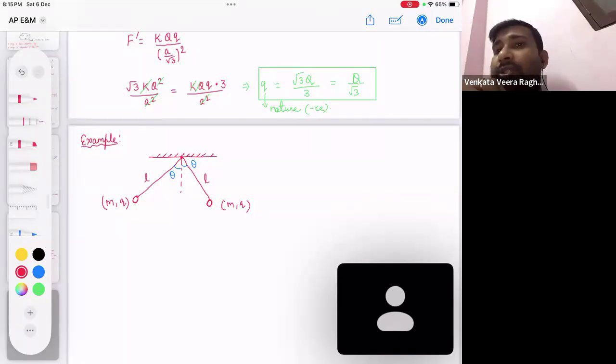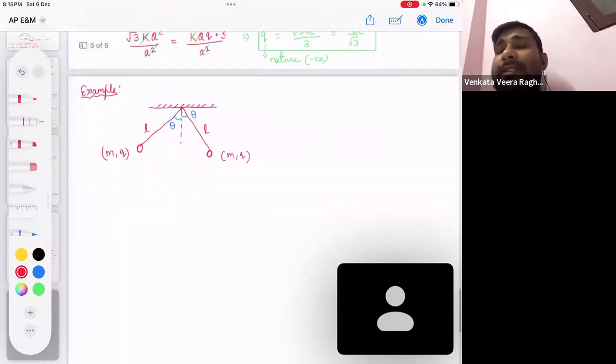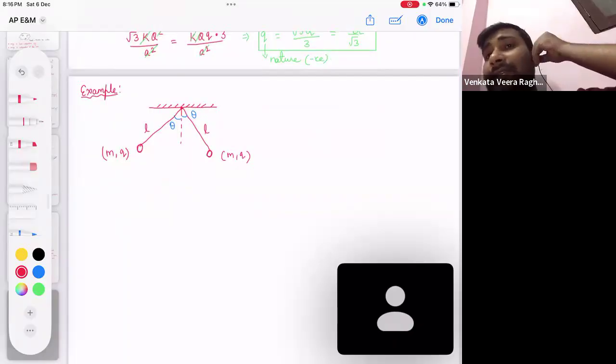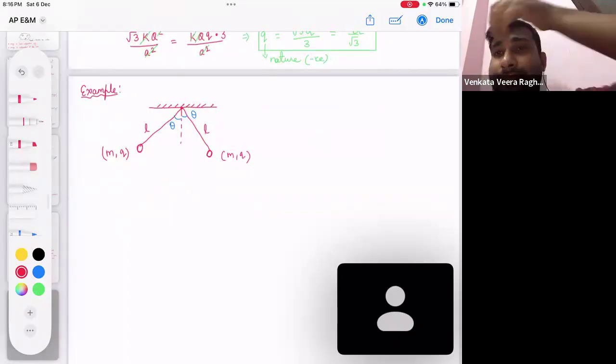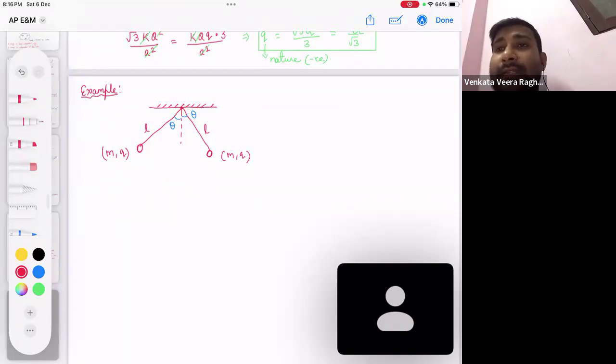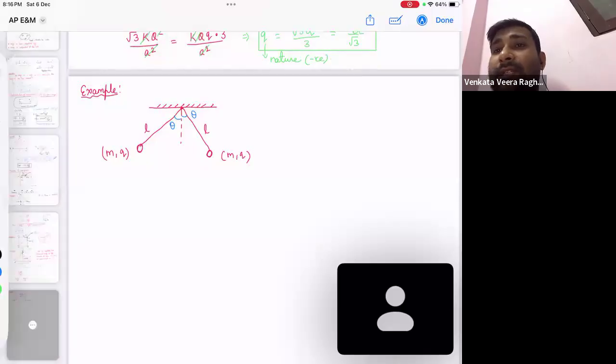The length of both the strings is given as L. So now they are asking what should be the angle theta made by these charged particles, or the angle made by the string with the vertical.